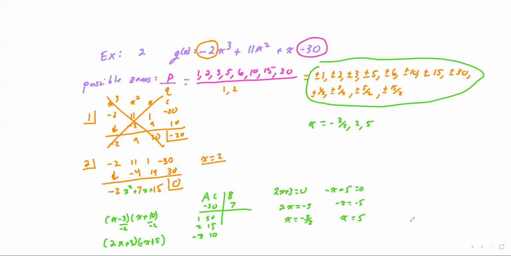So let's do a whole lot more so that we have a full understanding of what we're doing. So let's look at example 3. This one is P of x equals x to the fourth minus 5x cubed plus 10x squared minus 20x plus 24. So my possible zeros are going to be all my factors of 24. That's going to be 1, 2, 3, 4. 5 does not go into it, but it would be 6.